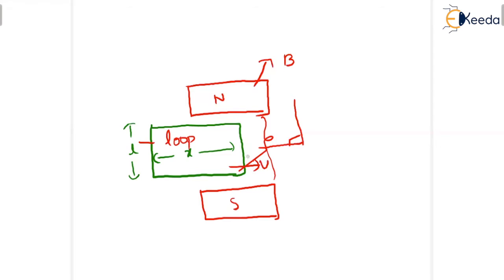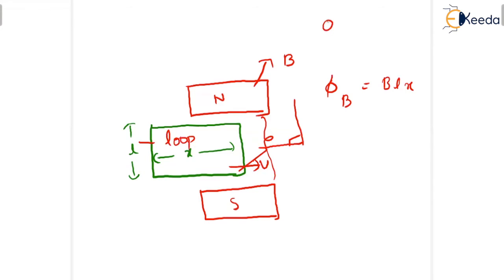Then the flux enclosed is phi B, which is equal to B into l x. Generally, what is the formula for flux?